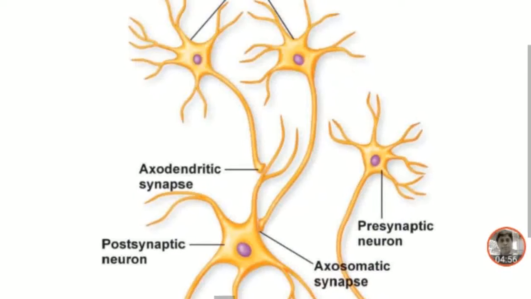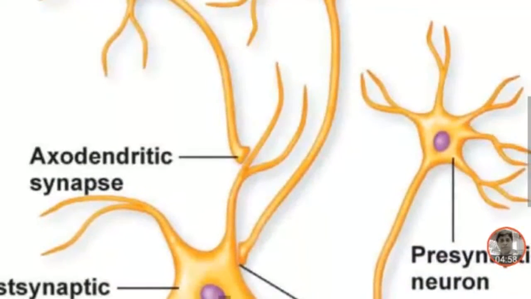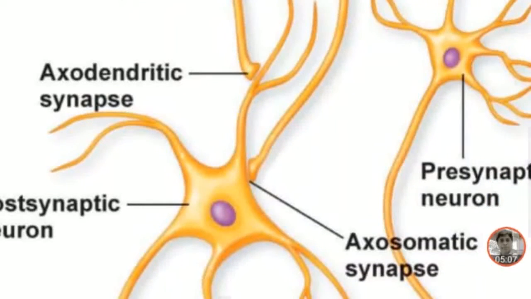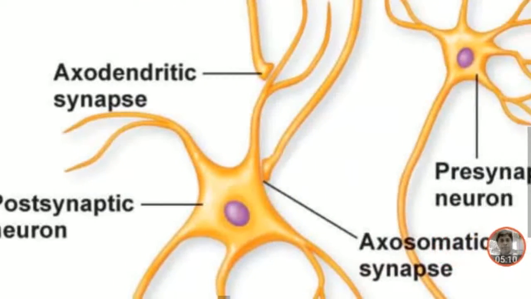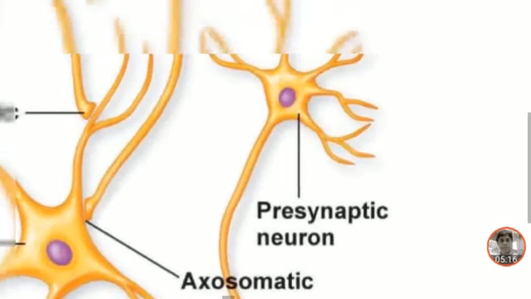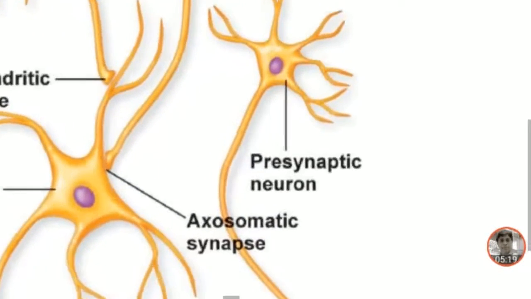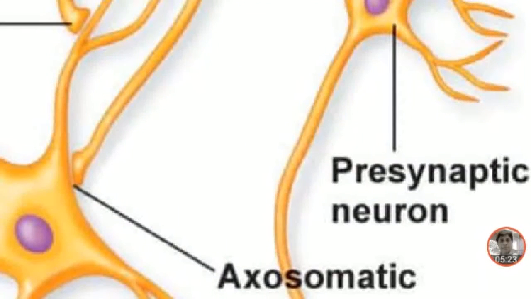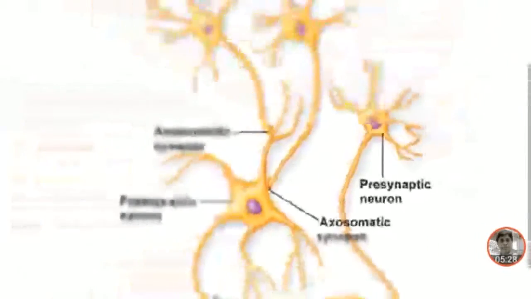For example, here an axodendritic synapse is there, the axon of one neuron and the dendrite of another neuron, that is called an axodendritic synapse. And here, an axosomatic synapse, where the axon of one neuron is attached directly to the cyton. We call it an axosomatic synapse.